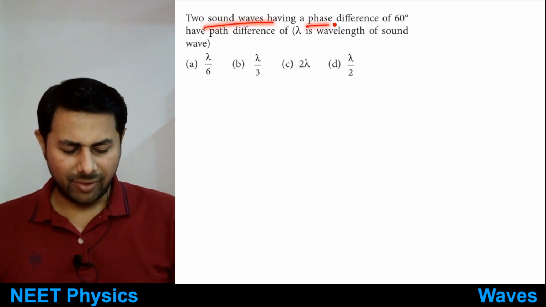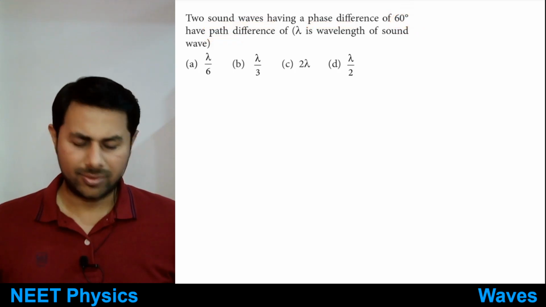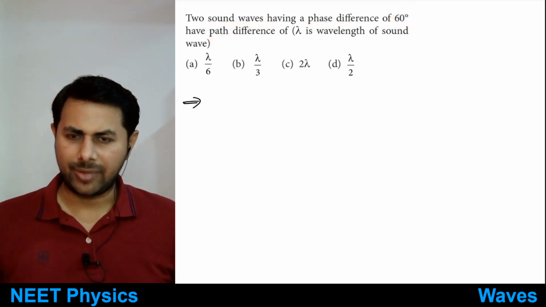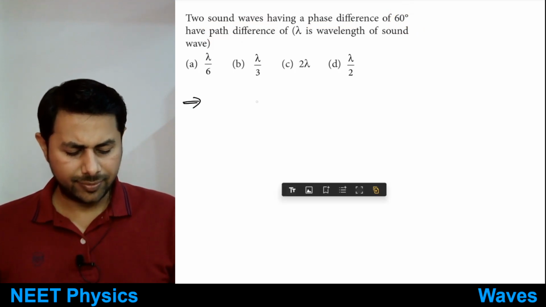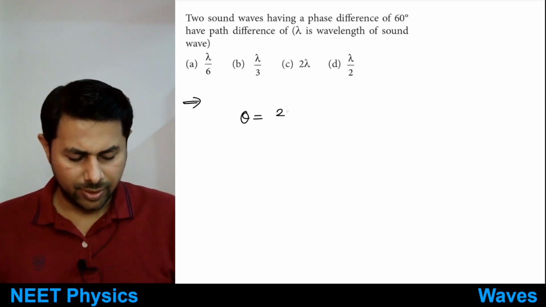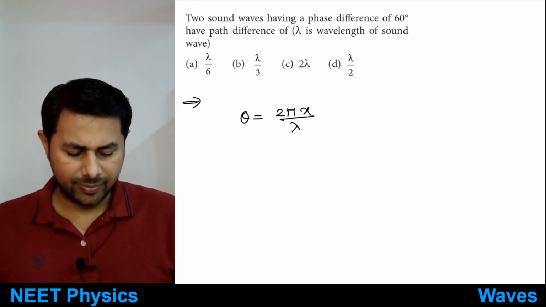Two sound waves having a phase difference of 60 degrees have a path difference of. So this is a direct question based upon the formula of phase difference and path difference. So you have phase difference theta is equal to 2 pi x by lambda.